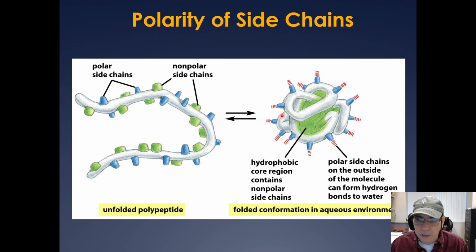And this, of course, would be in an aqueous environment. Now, if it was a hydrophobic environment, the opposite might occur, where the polar side chains are packaged in the middle, and the hydrophobic side chains are exposed to the hydrophobic environment, for example, like a transmembrane protein, or a protein embedded in the membrane.